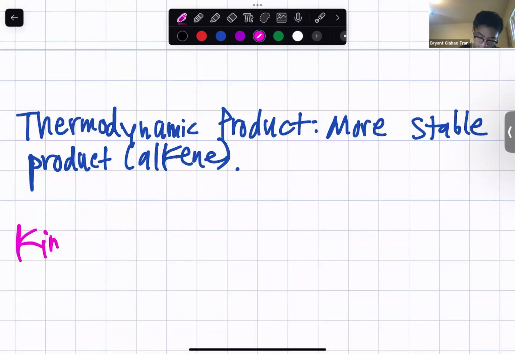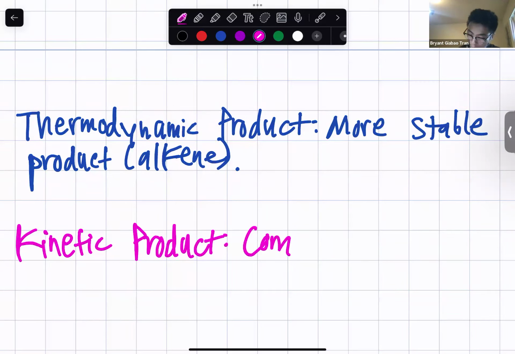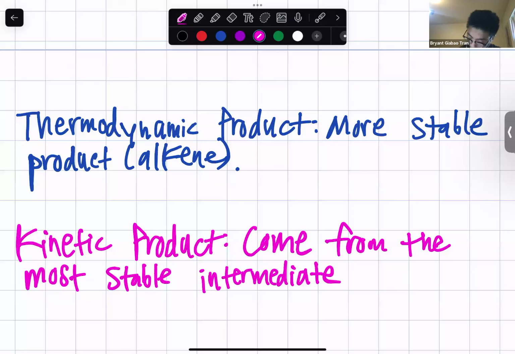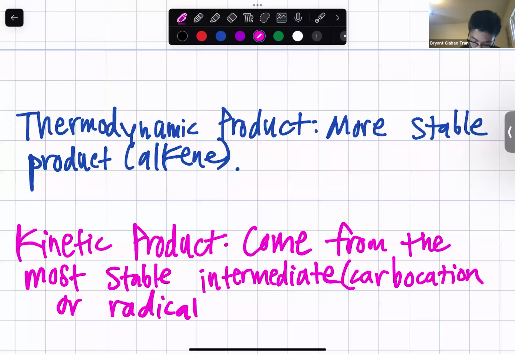Kinetic product will come from the most stable intermediate. Most stable intermediate, like a carbocation intermediate or a radical intermediate, right?